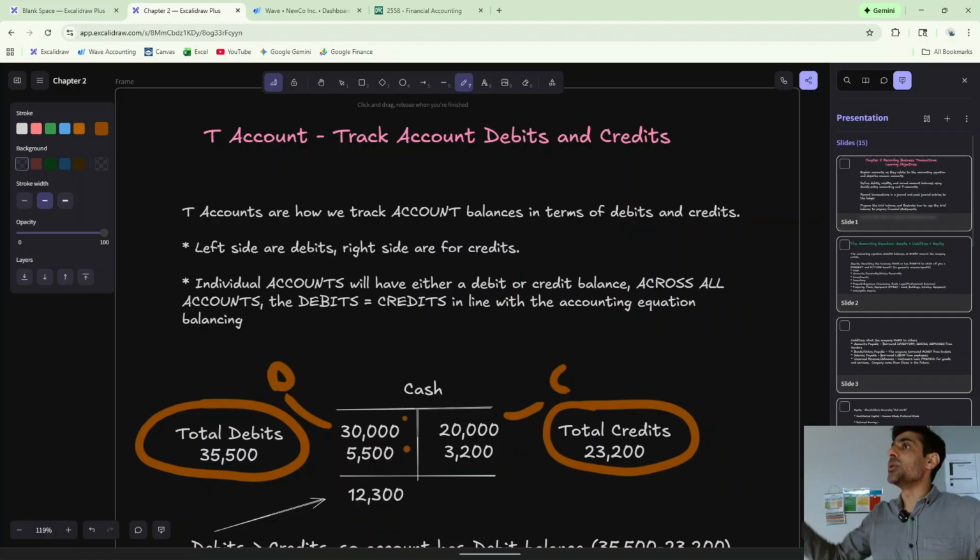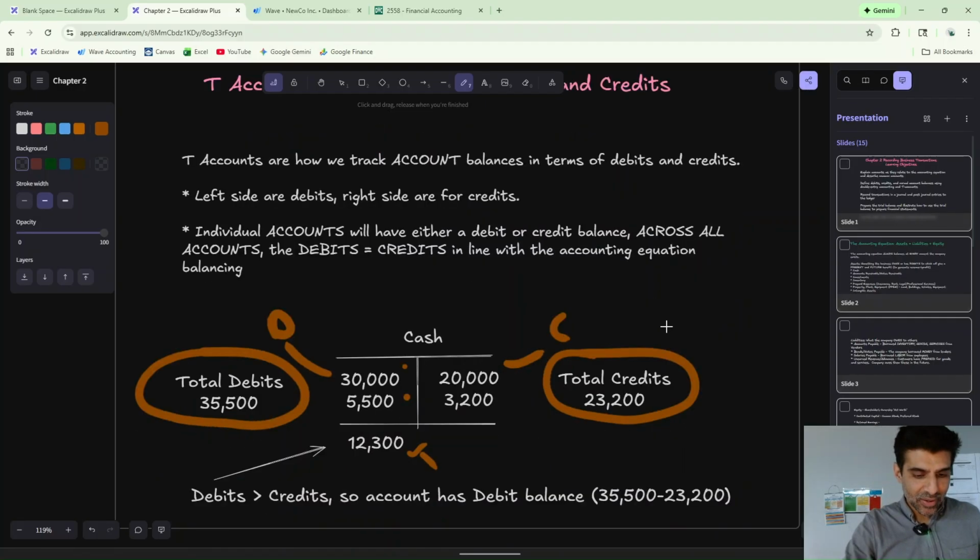When you net all of it together, it's going to be a debit balance of 12,300, which is basically 35,500 minus 23,200. Any questions on this organization of the T account? Again, the left side is debit, the right side is credit. Exactly right. Yes.